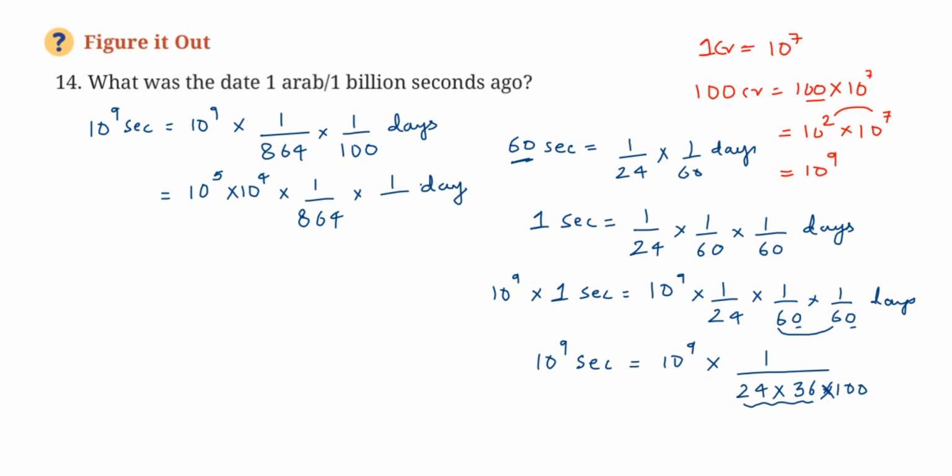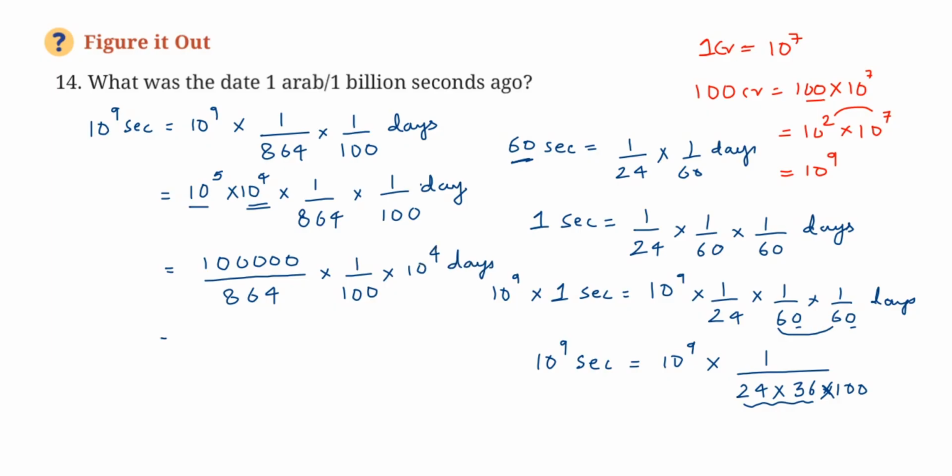Let me just write it like this. Now let's split this. Now this is 1 along with 5 zeros divided by 864, and here I have 1 by 100, and this 10 to the power 4, let me write it here. I don't want to touch that, let me keep it here.